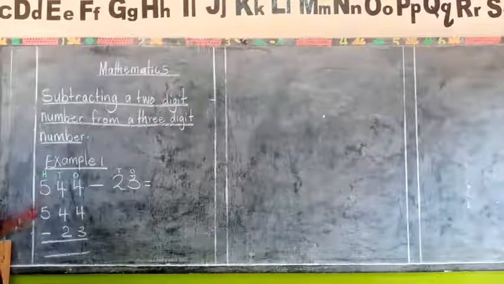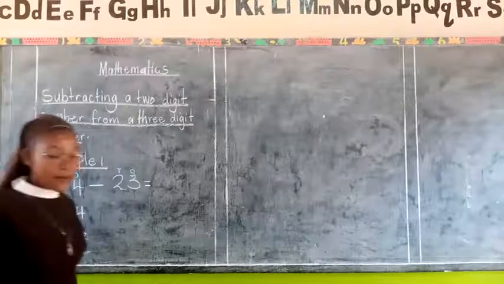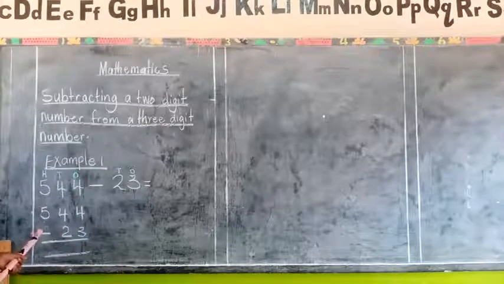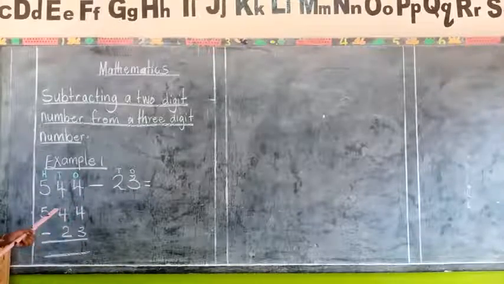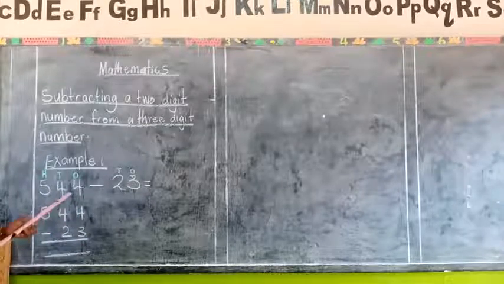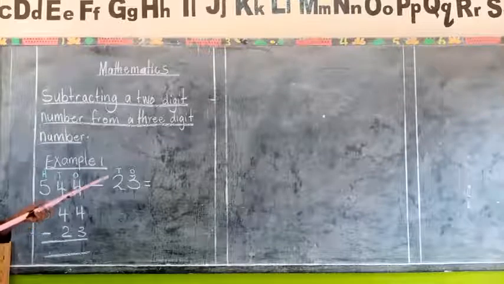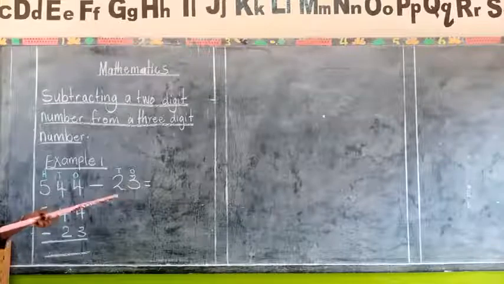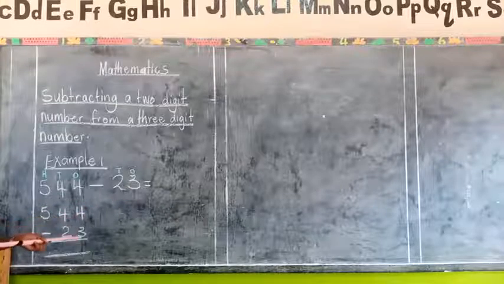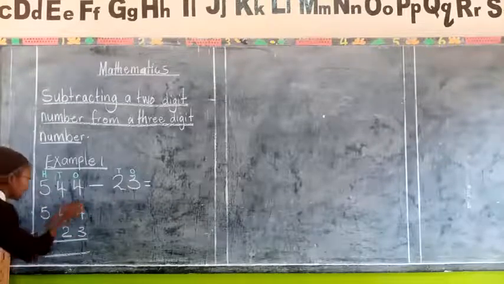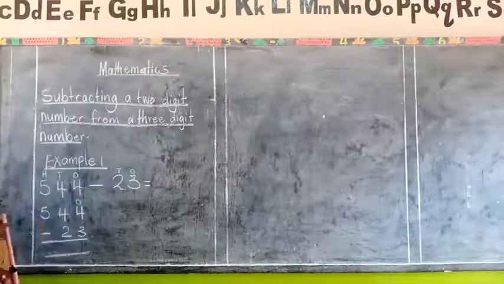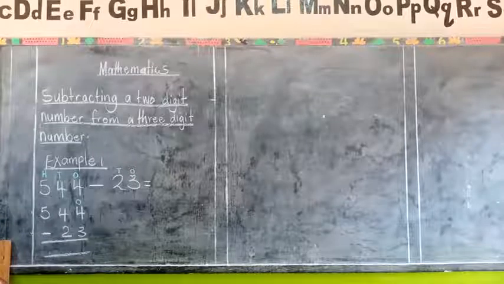Since we have finished marking the place values of these numbers, we shall come down here and mark our place value as well. When we look at number 4 and number 3, they are under the place value of ones. So we shall write here ones. After the ones, we go to the tens. Which numbers are under the place value of tens?